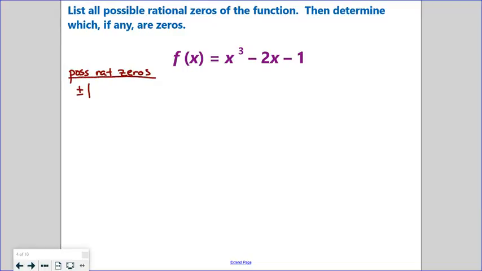Very short list of numbers we can try out on this one, right? Plus or minus 1. So it has to be one of those or we can't factor this.